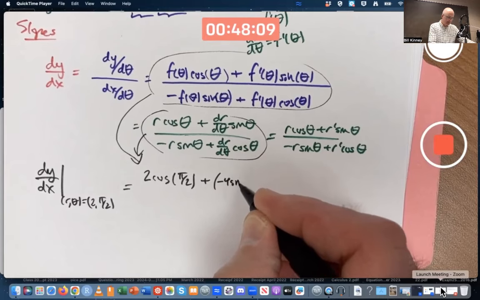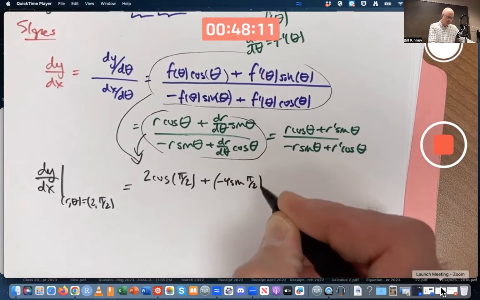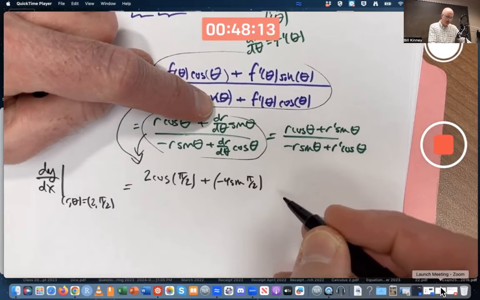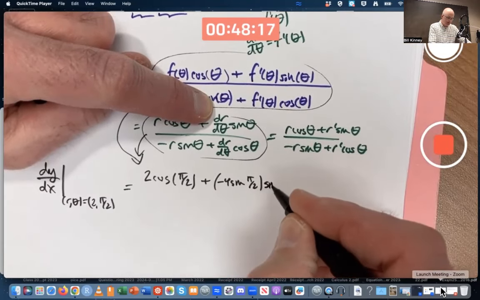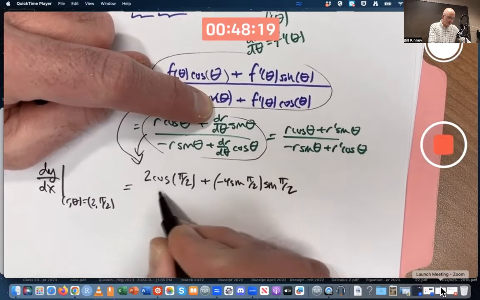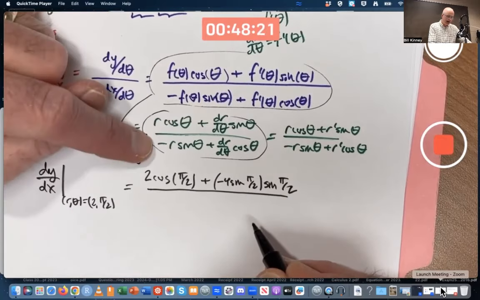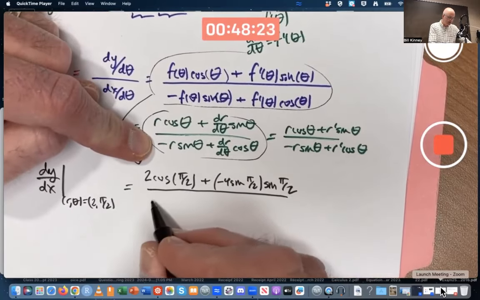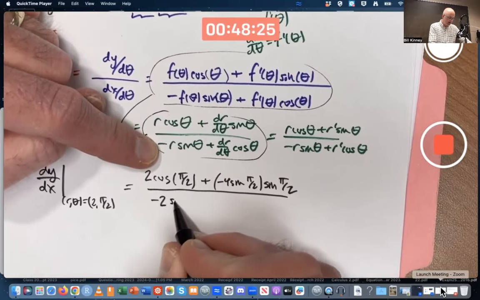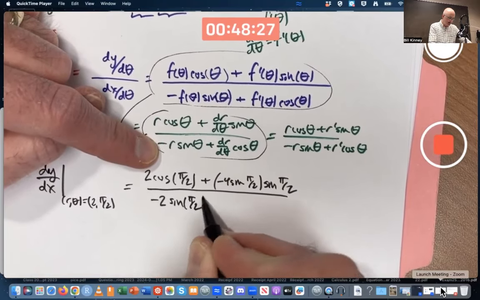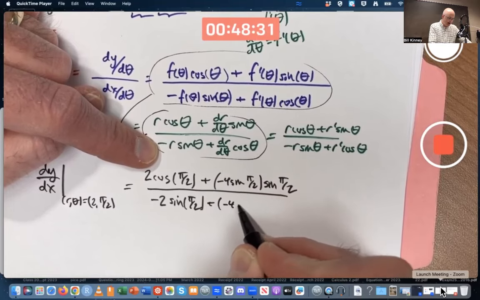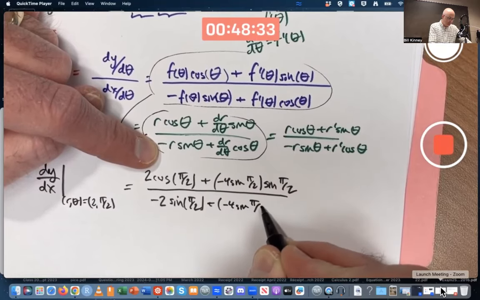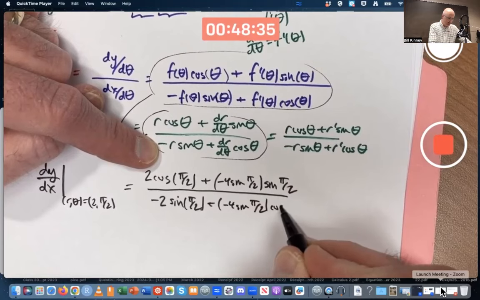So -4 sine pi over 2 is the value of dr d theta when theta is pi over 2, times sine of pi over 2, divided by, on the bottom, -r, which is -2 sine pi over 2. Hopefully we're not dividing by 0 here. Dr d theta is -4 sine pi over 2, and that gets multiplied by cosine of pi over 2.